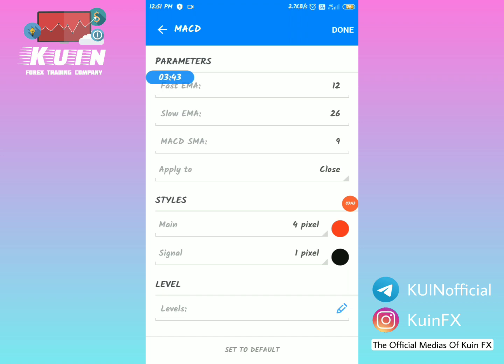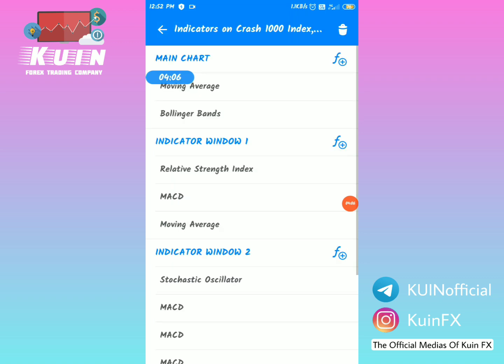Second one is MACD. Fast EMA 12, slow EMA 26, MACD SMA 9, apply to close, style main 4 pixel red, signal is 1 pixel and its color is your background color. Then done. Third one is moving average.